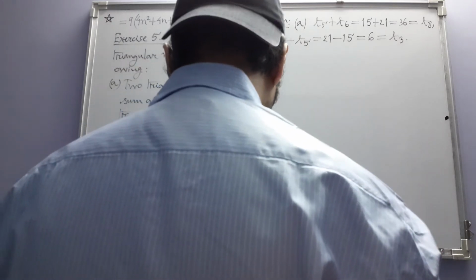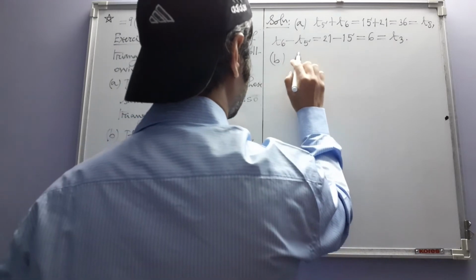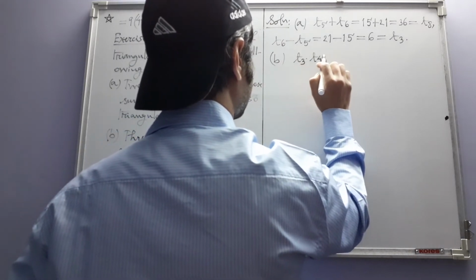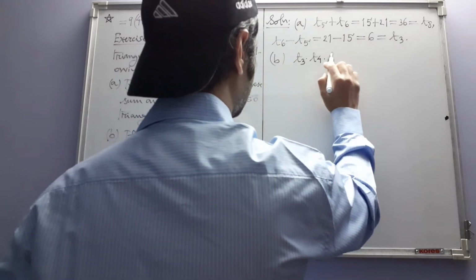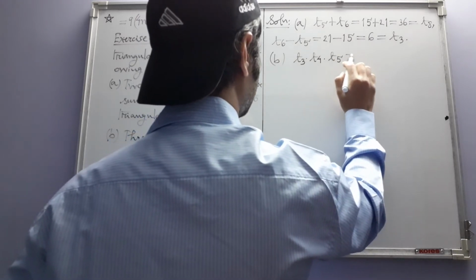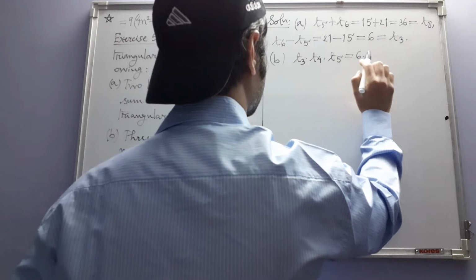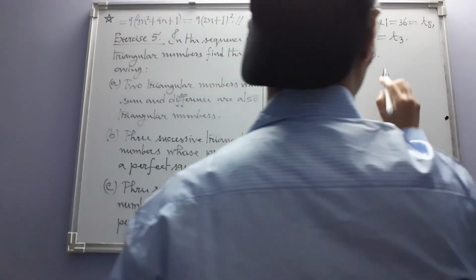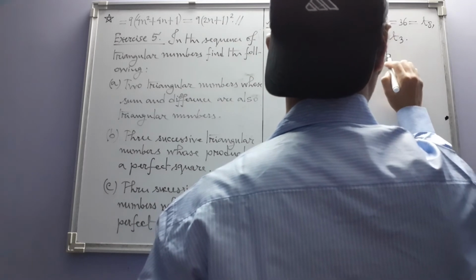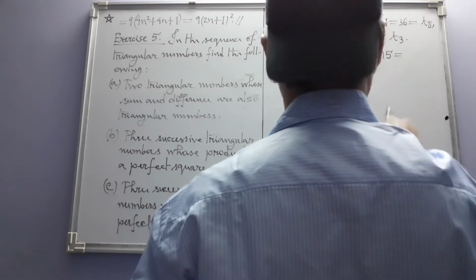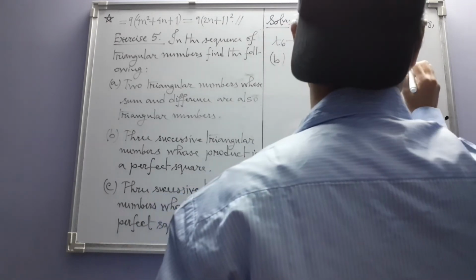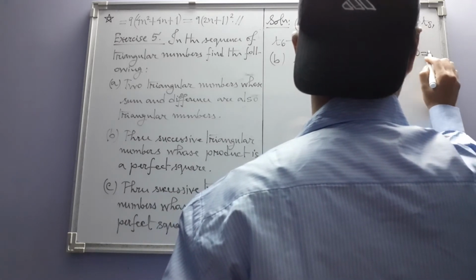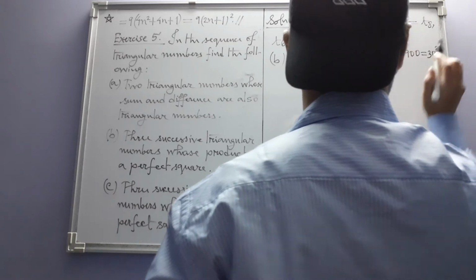Okay, then in part B we have, if you take the product of T3, T4 and T5, then this is 6 times 10 times 15, and that is 900, which is 30 square.